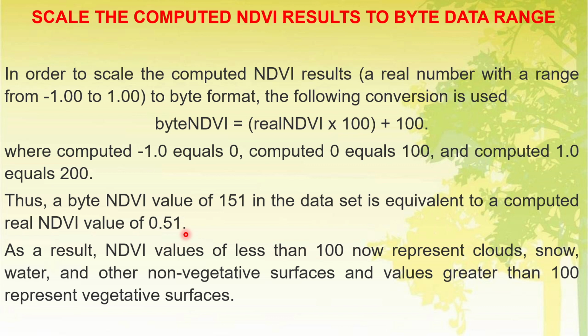So by this formula you can have a greater number, and you can abolish the decimal points to a whole integer number, and the range becomes 0 to 200. So this formula is helpful for 8-bit channel. So when we show our practical class regarding calculating NDVI in QGIS, then we also calculate this NDVI by this formula and the original formula also.